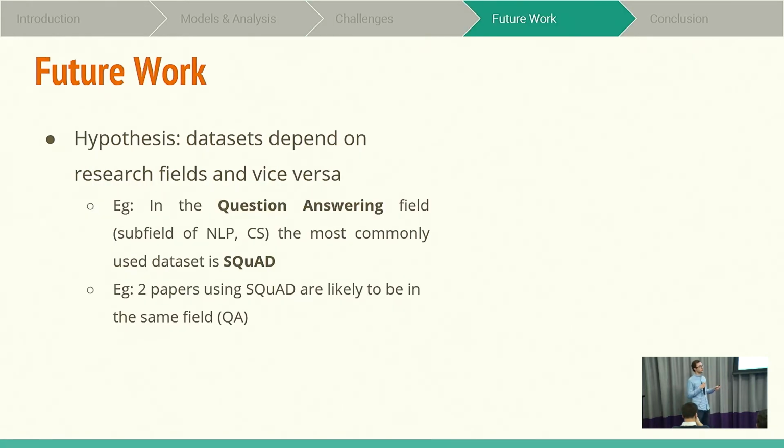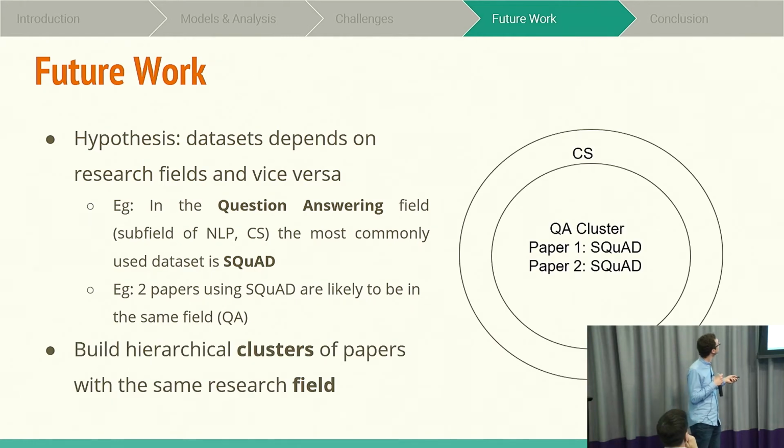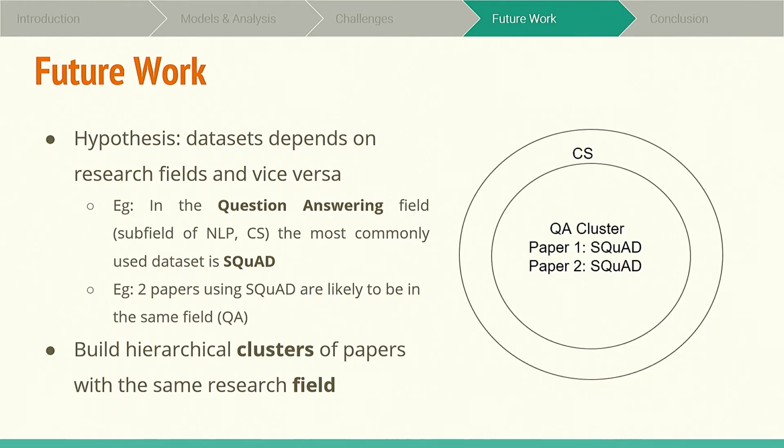So our future work is based on the following hypothesis. We think that dataset depends on research fields and vice versa. So for example, in question answering, as a field of computer science, the most commonly used dataset is SQuAD. So two papers using SQuAD are very likely to be in the same field, Q&A. So we want to build hierarchical clusters of papers with the same research field.